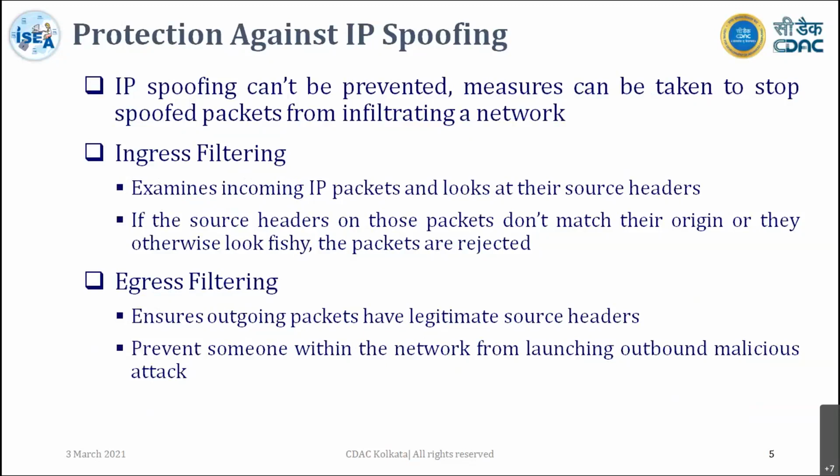Some networks may also implement egress filtering. I mean, if ingress is for the incoming packets, egress is for the outgoing packets. Effectively, it looks at the IP packets exiting the network, ensuring that those packets have legitimate source headers, to prevent someone within the network from launching an outbound malicious attack using IP spoofing.